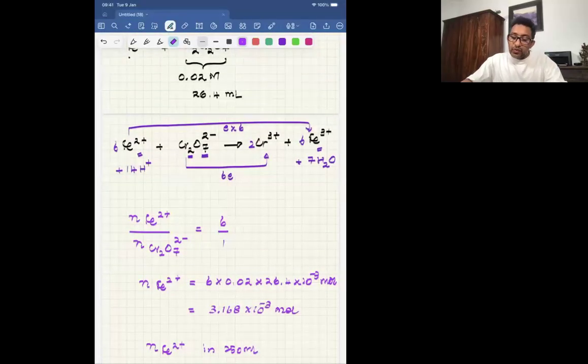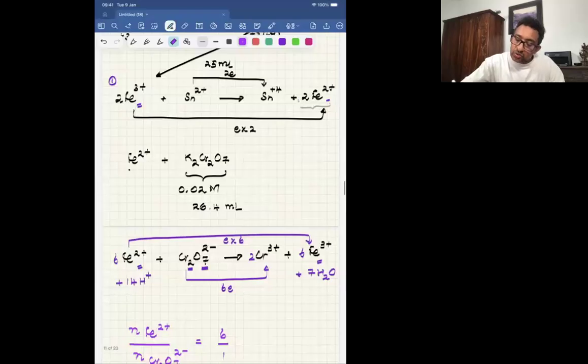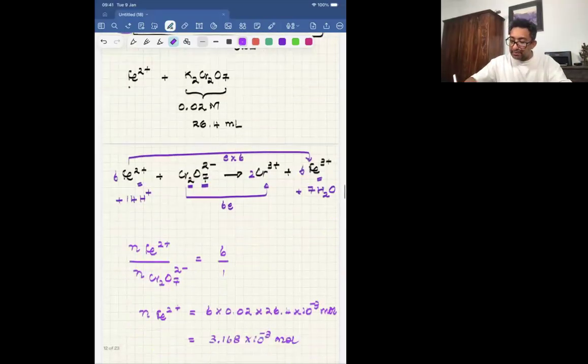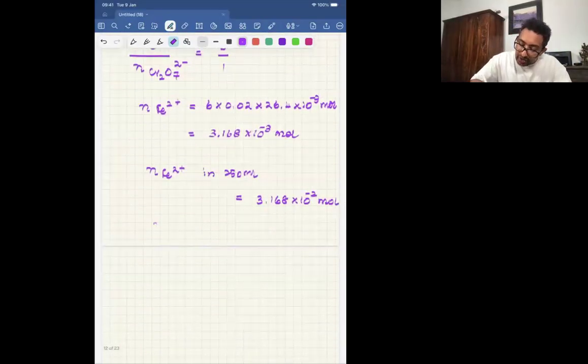If you have Fe plus 2, you have the same number of moles of Fe plus 3. The number of moles of Fe plus 2 and Fe plus 3 should be the same. So the number of moles of Fe plus 3 is equal to 3.168 times 10 to the power minus 2 moles.